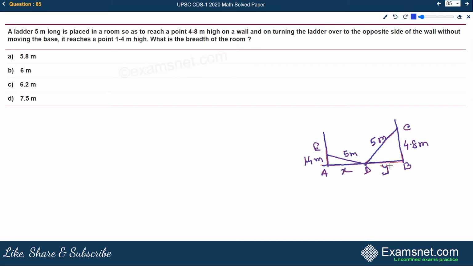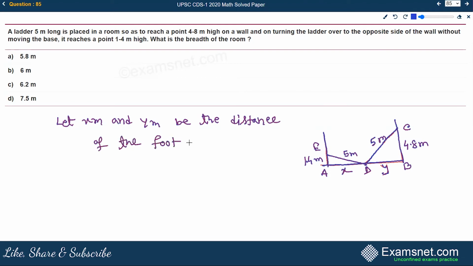What is the breadth of the room? So we assume that x meters and y meters are the distances of the foot of the ladder from the two opposite walls.